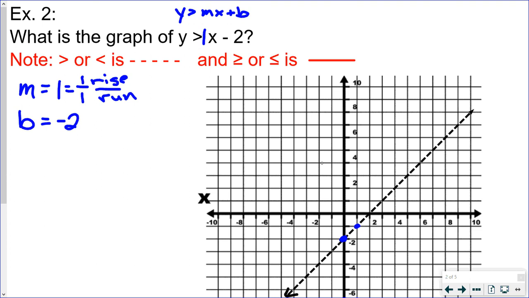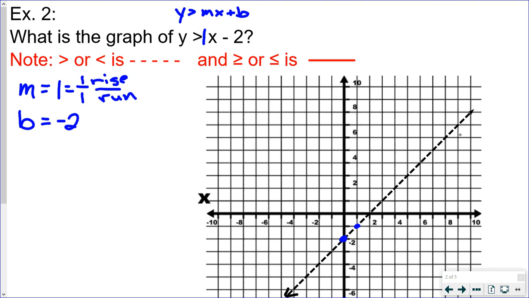With linear equations, it's always a solid line because the line represents the solutions to the equation. Any point on the line is a solution to the equation. Well, in this case, the points on the line are not solutions to the equation because it's not or equal to. And that's why this is a dashed line.